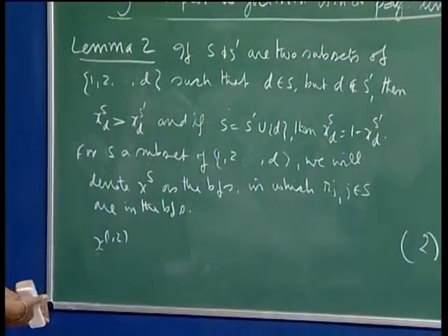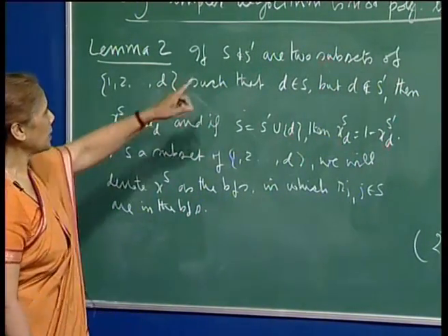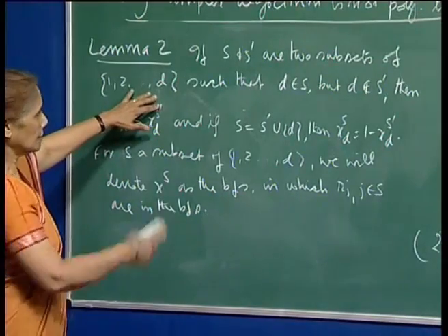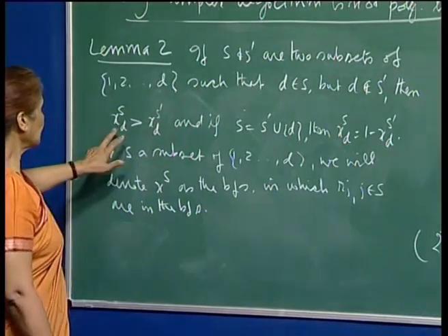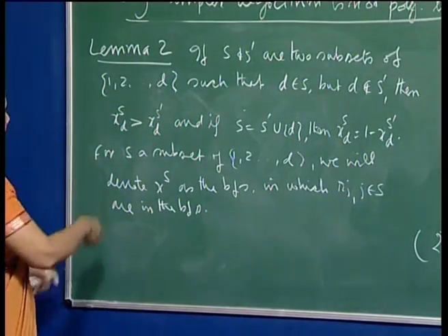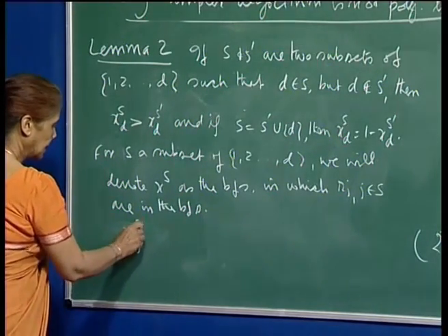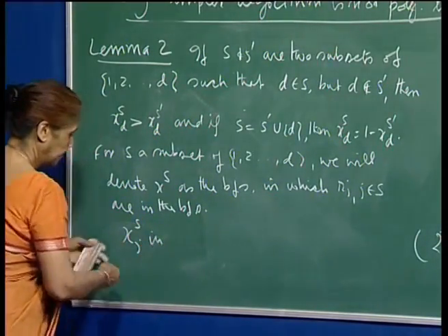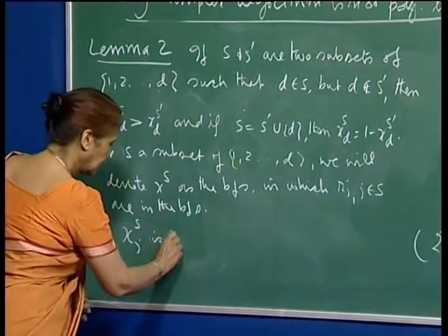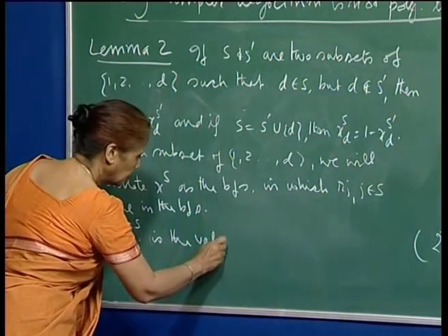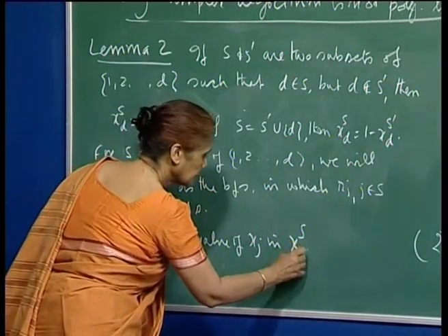Now the lemma says that if S and S prime are two subsets, such that d is present in S, but d is not present in S prime, then the corresponding XS d, the value of the dth component in XS, is greater than XS prime d. Here XjS is the value of Xj in XS.